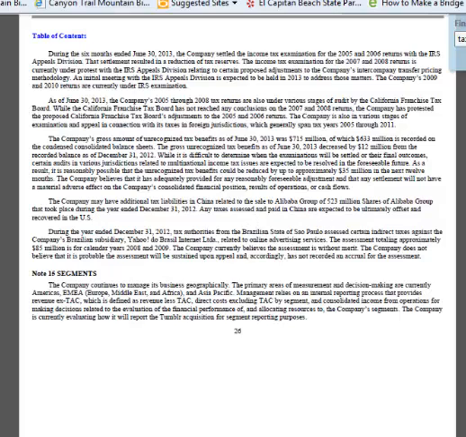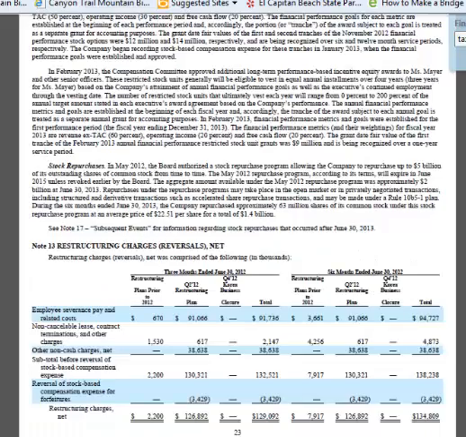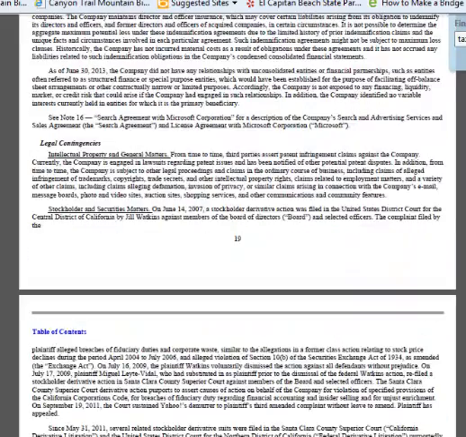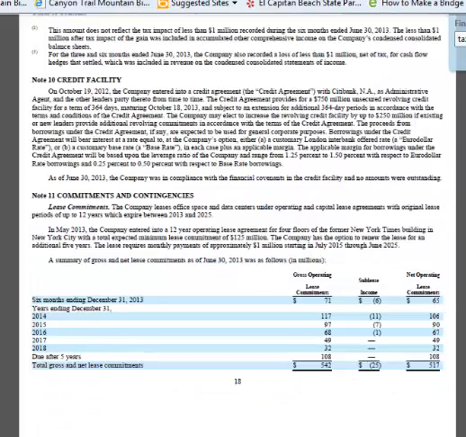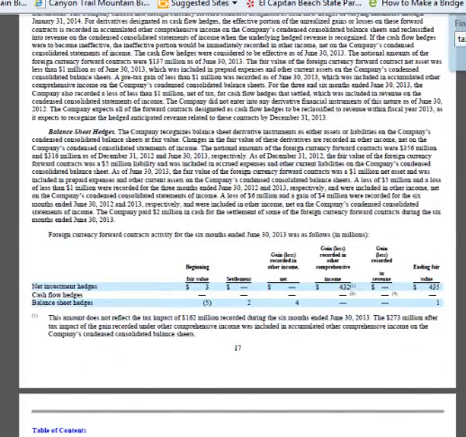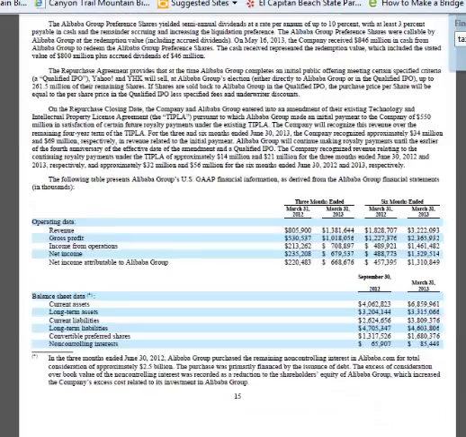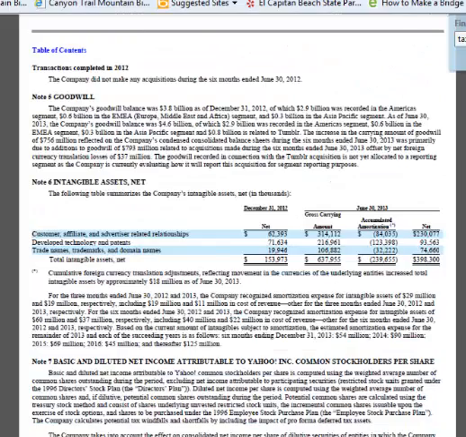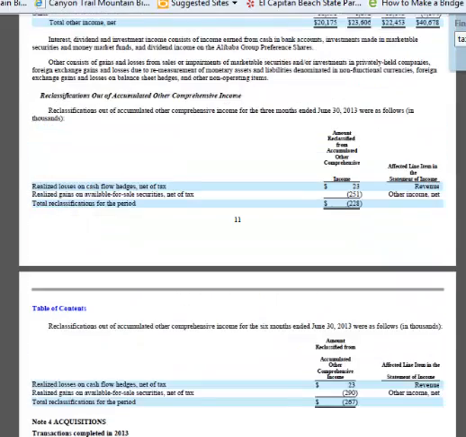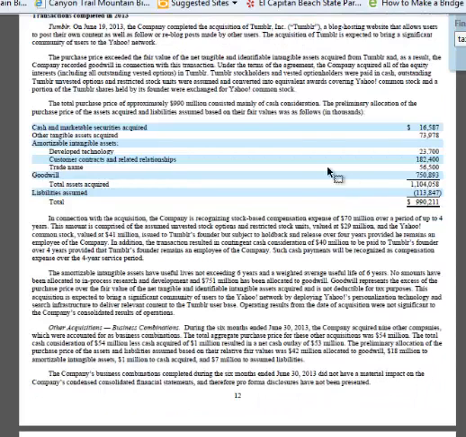So, what's interesting is, even though on that transaction, if we go back, alright, so we go back here. So this is that same purchase price allocation table.